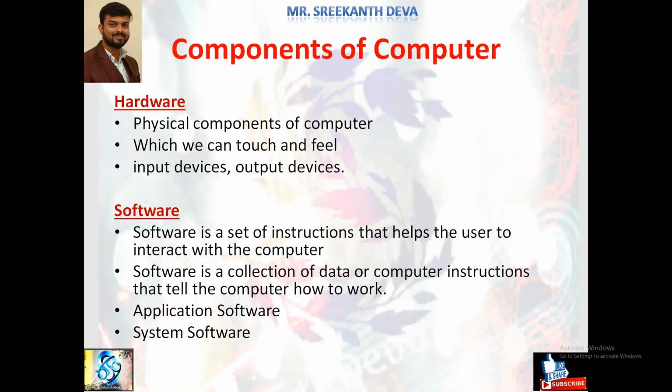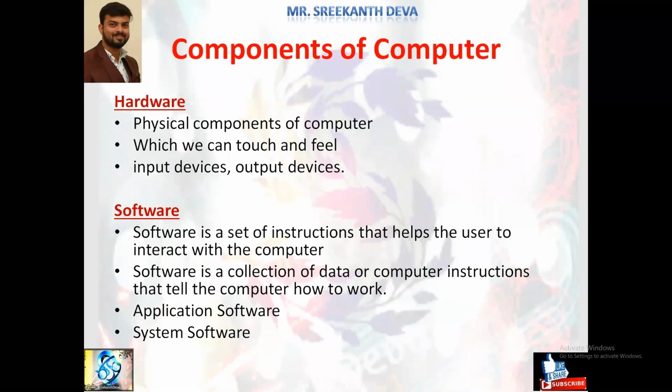The procedural oriented programming language is again categorized into two types, structural oriented programming language and object oriented programming language. The C language that we are learning in this session comes under structural oriented programming language. We can also call it procedural oriented programming language.